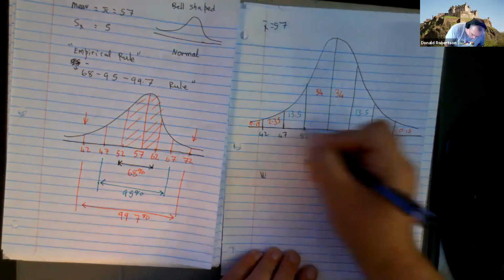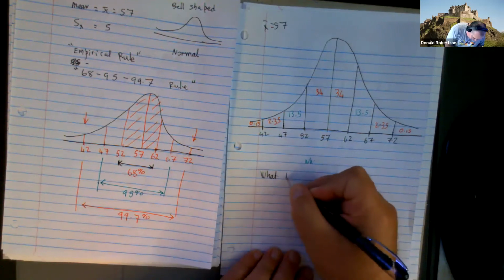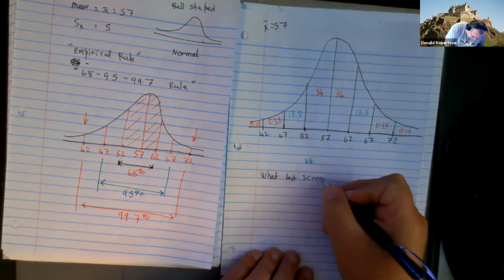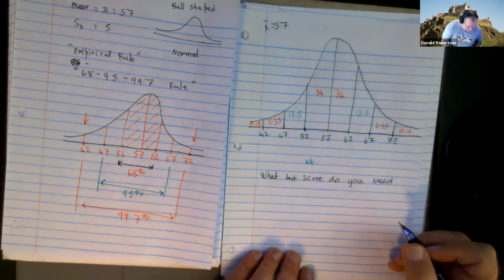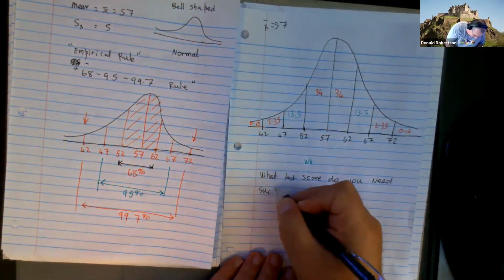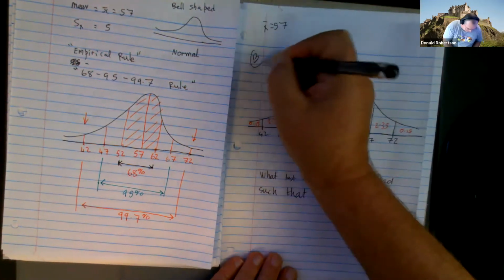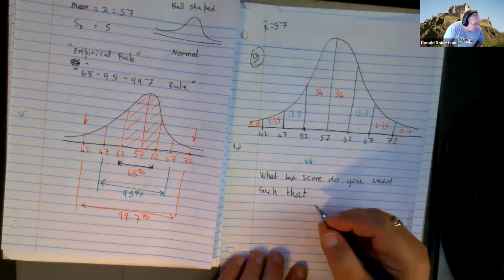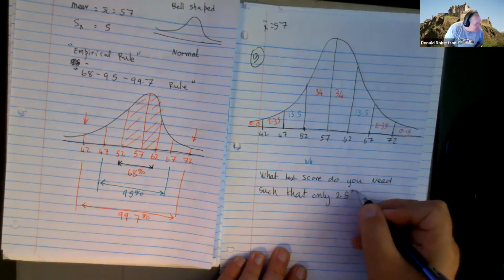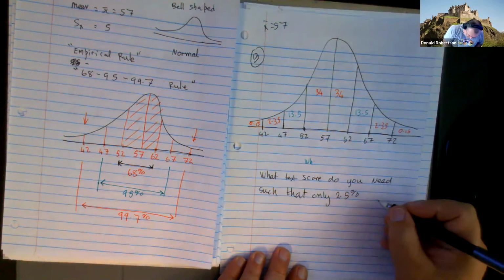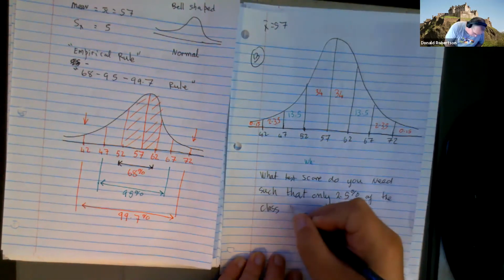Right, remember, this story is about scores. So what test score do you need, I'm trying to use the same phrase that they're using in question 13, such that only 2.5% of the class have a low, well, what do they use?